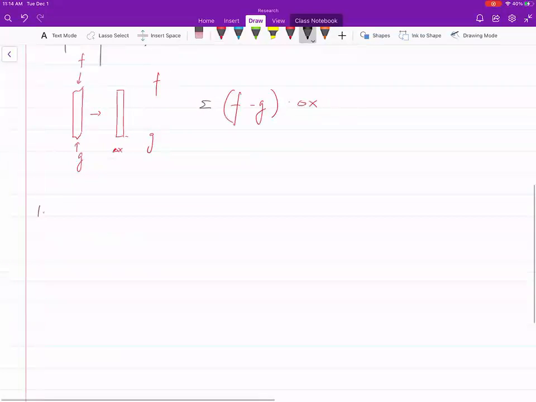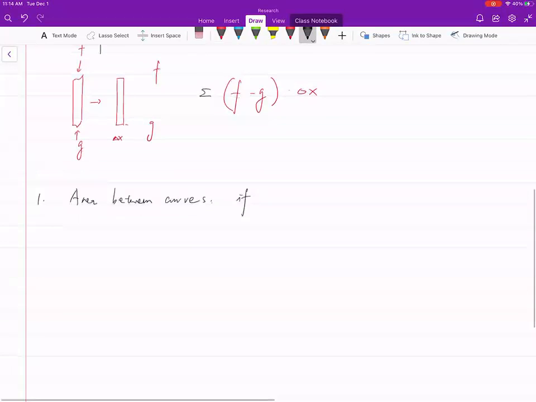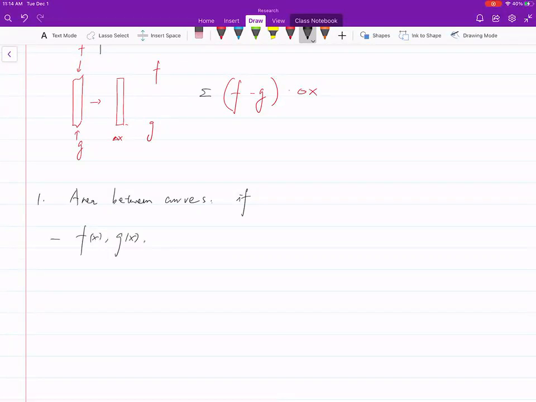Number 1, area between curves. Assume the following two things. Number 1, f and g are two curves, and they're both continuous on the interval [a, b].